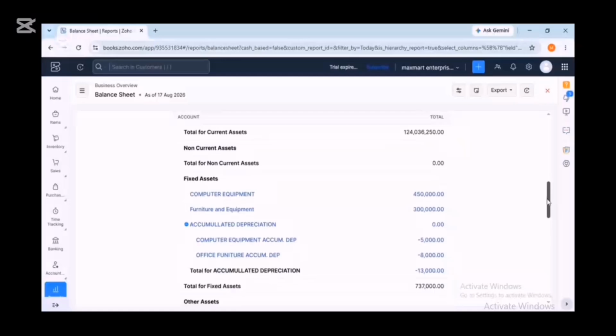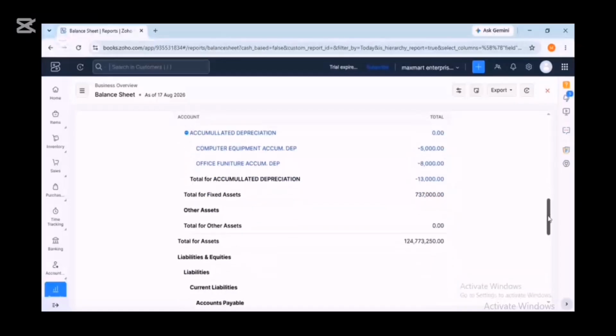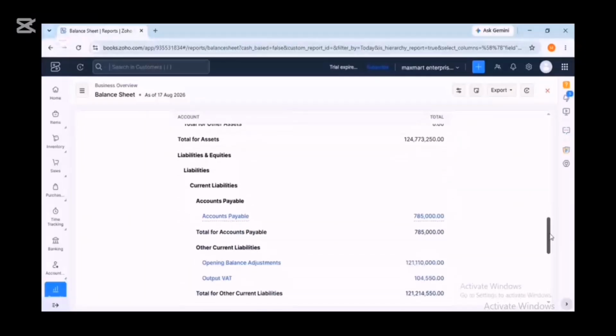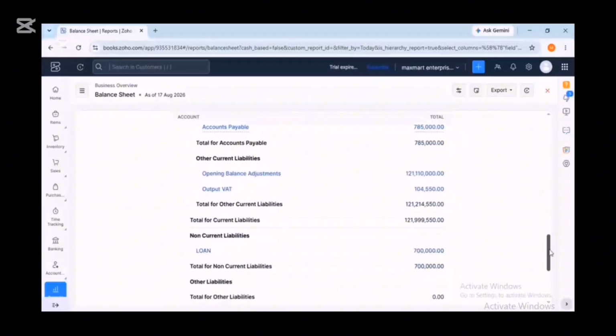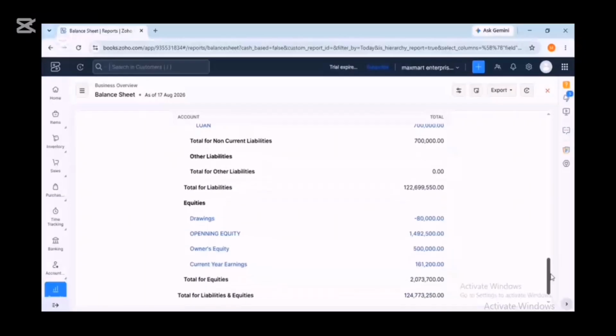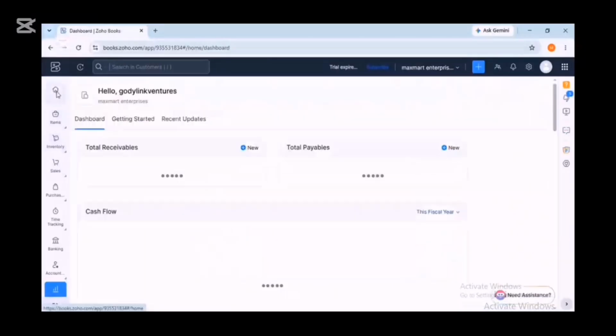Alright, you can see our liabilities. Okay, you notice our opening equity right here. I think we have to move it to the owner's equity. It was actually an opening equity holding account for those balances, but we have established everything, a proper account now.